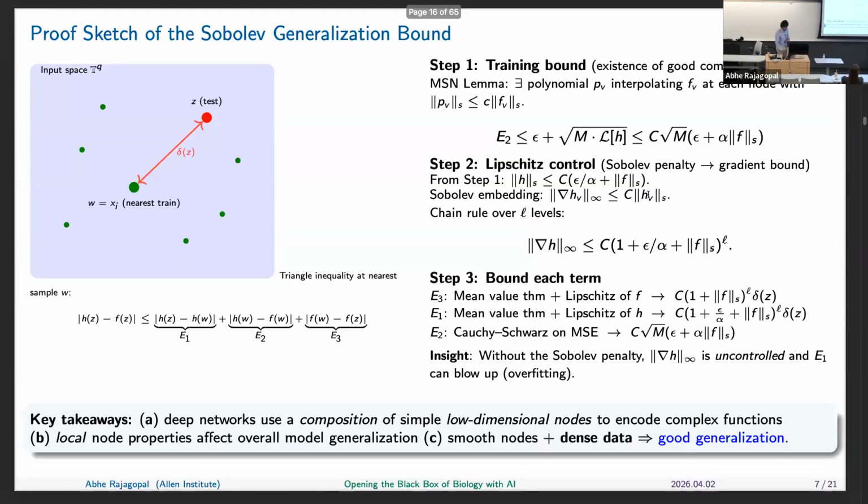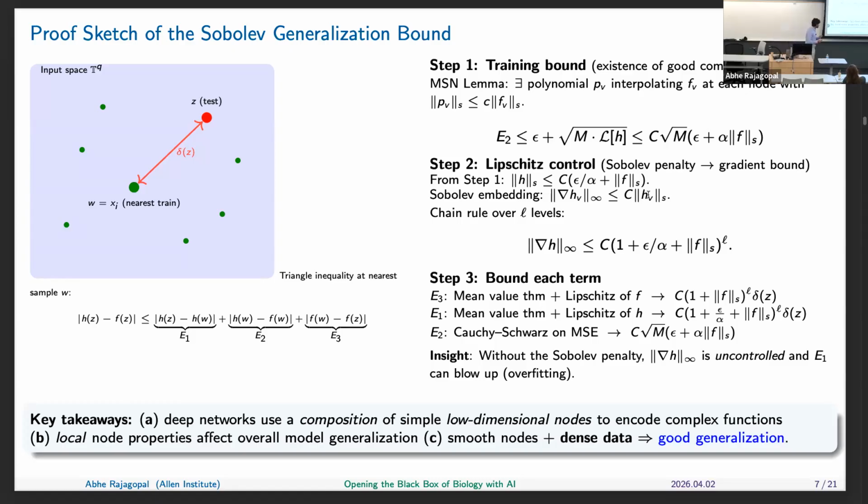But the key takeaway I want you to get before we move on is that deep networks use a composition of really simple low dimensional nodes to encode really complicated functions. So that's point 1, and that's from Mhaskar and Poggio almost directly.